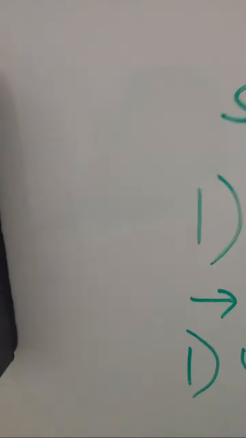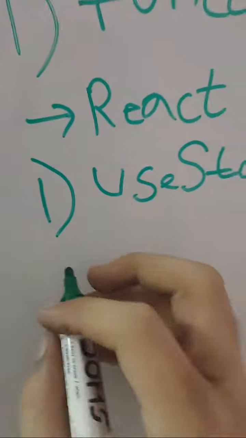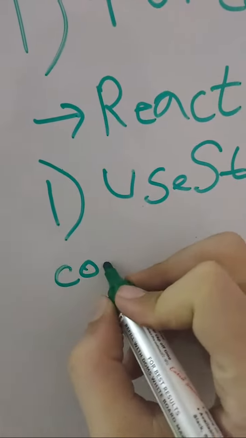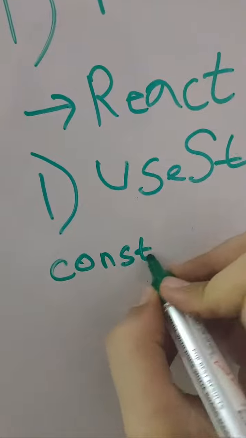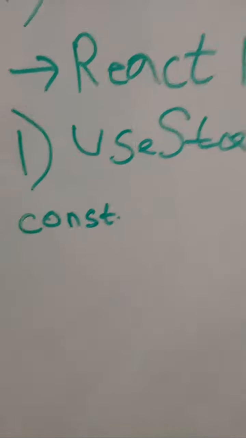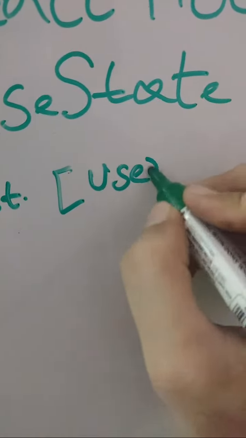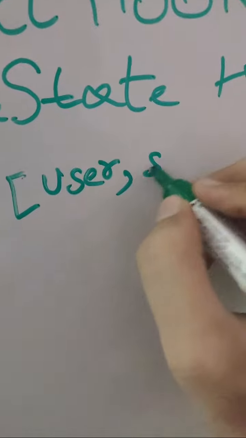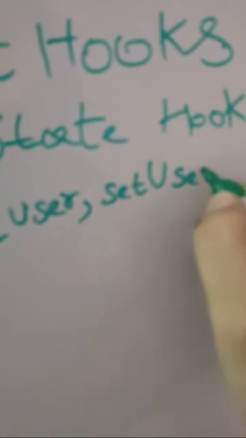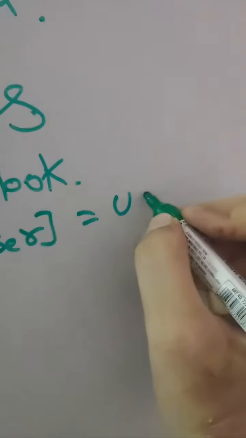We just write const, and the const keyword is followed by square brackets. Here we say the name of the variable and then the function to set that variable, so setUser. This is the format, setUser, and then we use the useState hook like this.